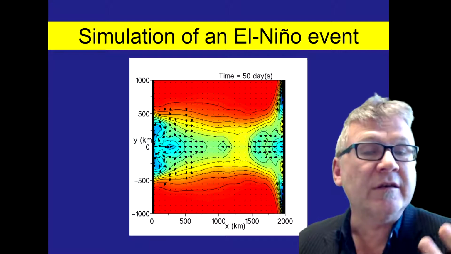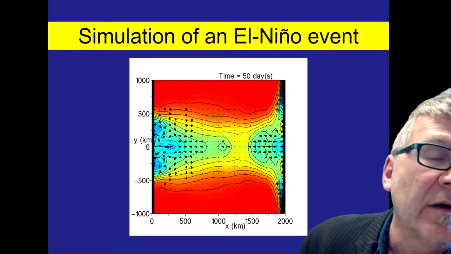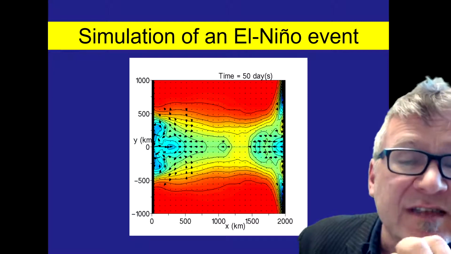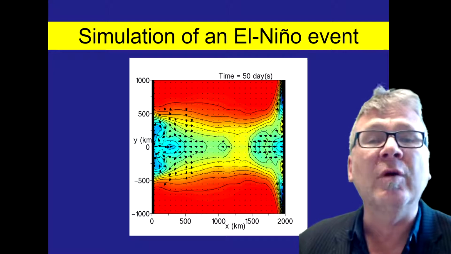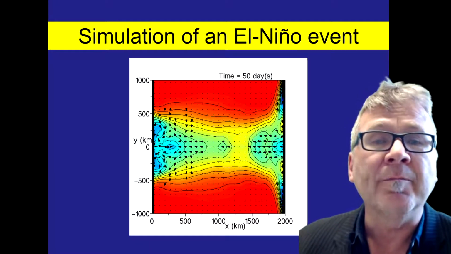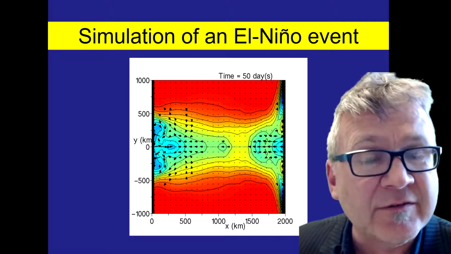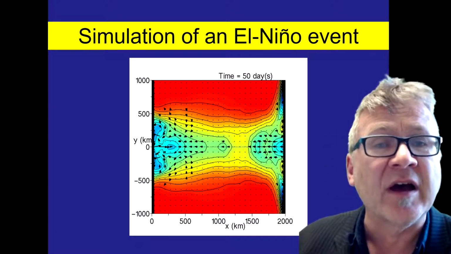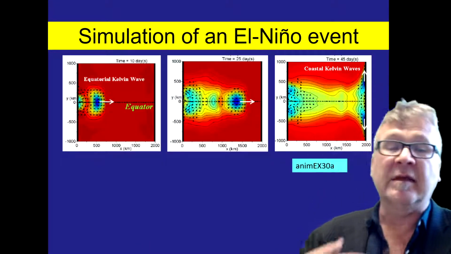You can also see these events if you look at sea surface temperature observations from satellites. Because these waves actually lead to a relatively warmer sea surface. And you can track these events by looking at sea surface temperature anomalies. This is shown on the next slide. Not yet.